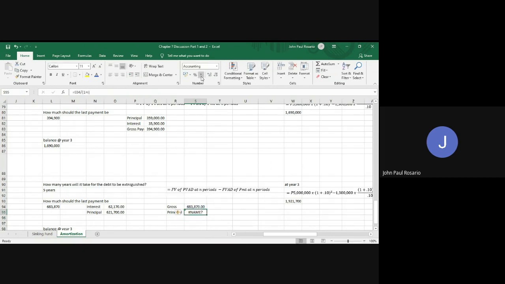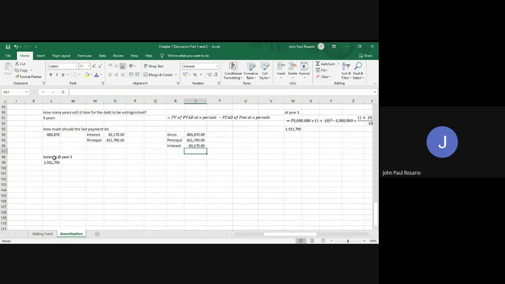And 1 plus I is 1.10. So you'll get the principal. And then for your interest naman, it's just simply this and then multiply this by 0.10, by the I. So we still got the correct answers.